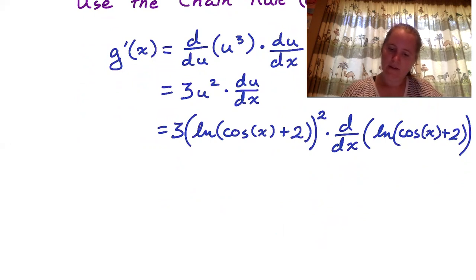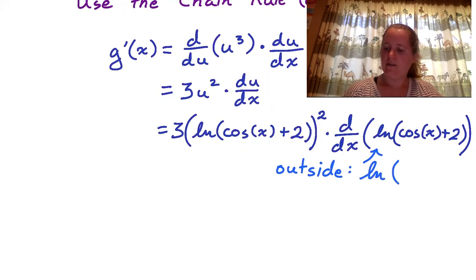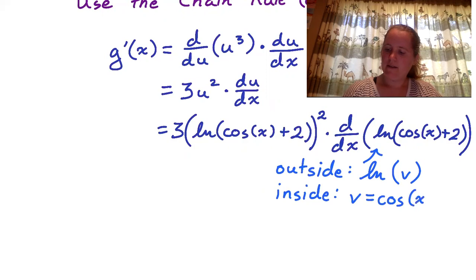So from here, we are going to again have an outside and inside function. Our outside has the natural log. Let's go ahead and call the inside v this time around. The inside would be v is equal to cosine of x plus 2.